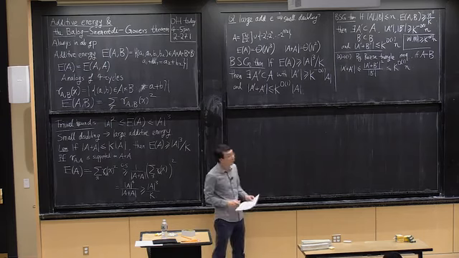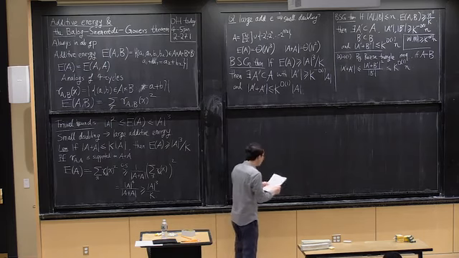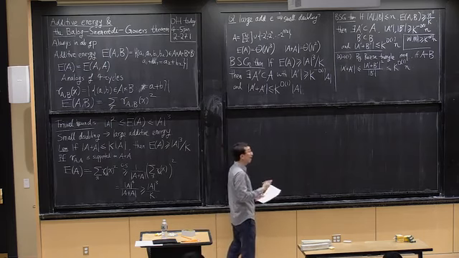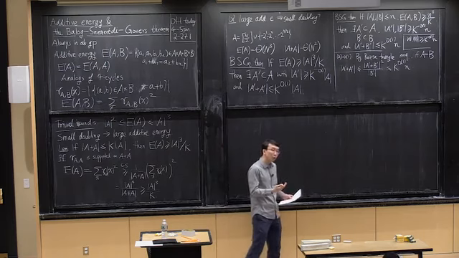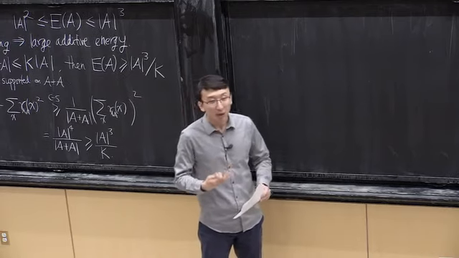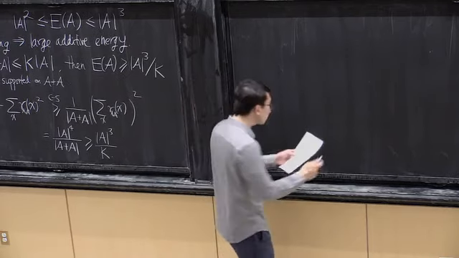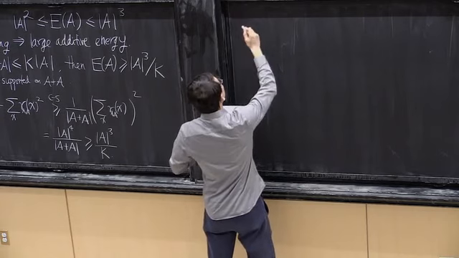I want to show you the proof of Balog-Szemerédi-Gowers, and the proof goes via a graph analog. So I'm going to state for you a graphical version of the Balog-Szemerédi-Gowers theorem. It goes like this.